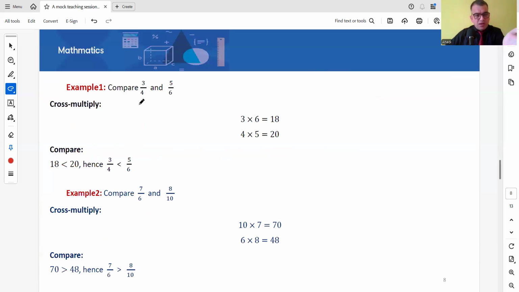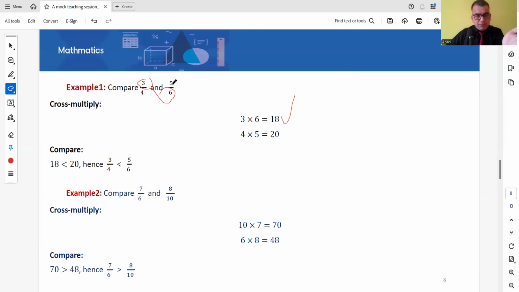The first example, I'm going to compare 3 upon 4 and 5 upon 6. We multiply 3 by 6. 3 by 6 is equal to 18.